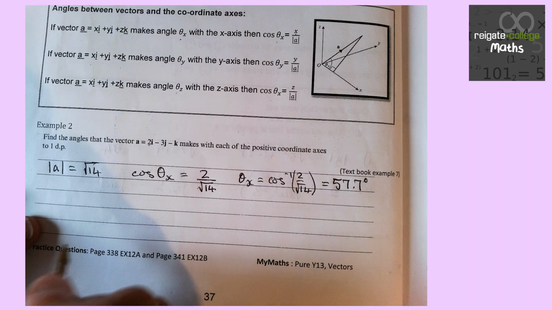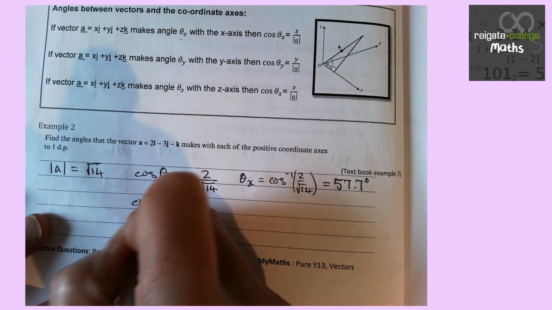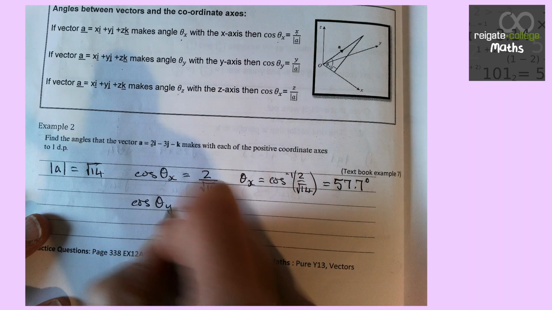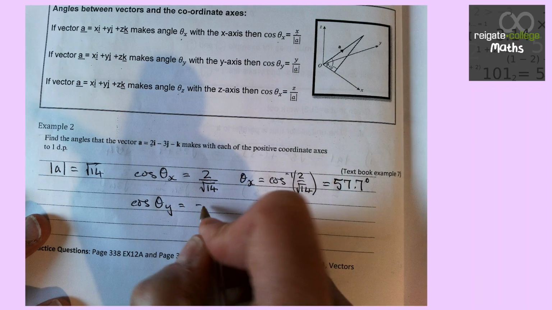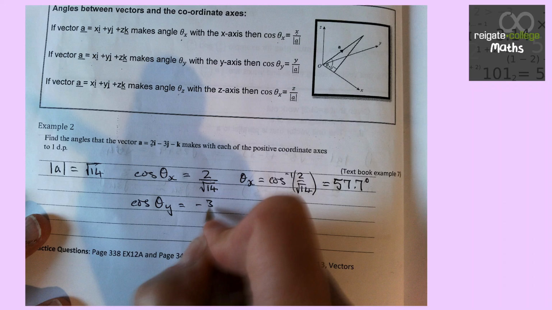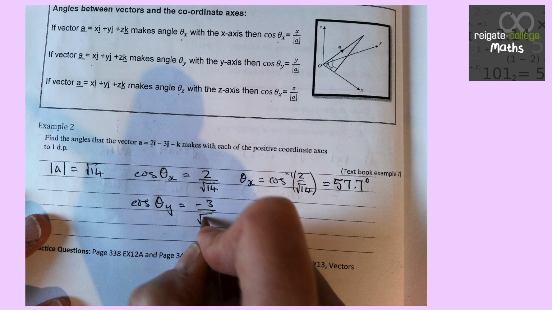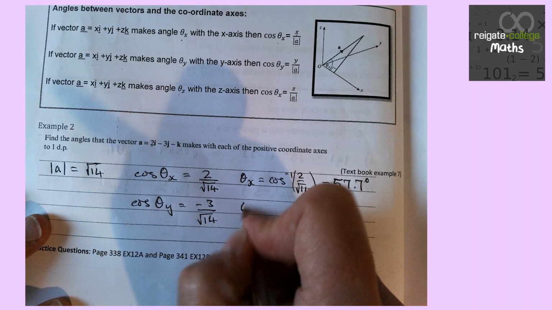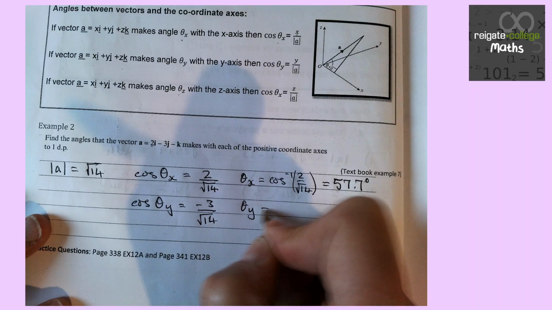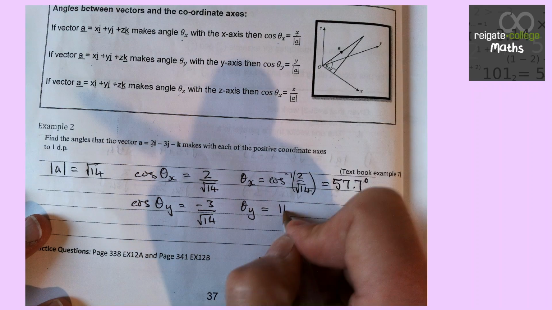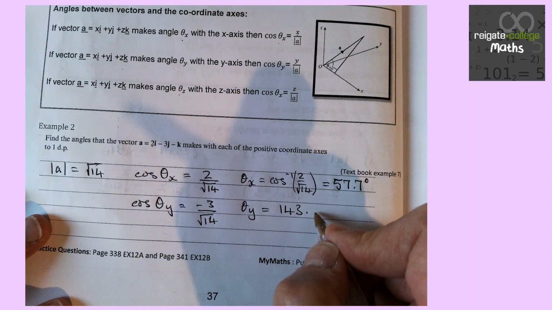Same thing for y. Cos of theta y is equal to negative 3 over root 14. So theta y is equal to 143.3 degrees.